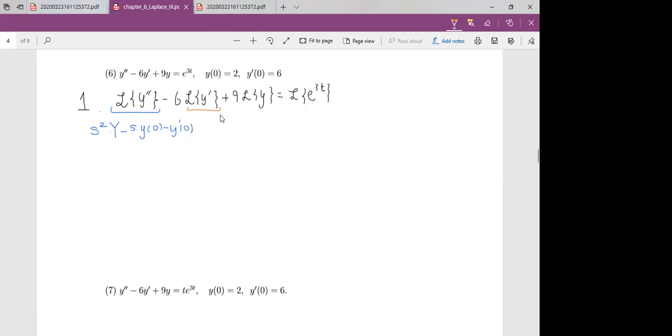transform of derivative is s times capital Y minus y of 0. And we need parentheses like that, plus 9 times capital Y. So this is our left-hand side, and our right-hand side is 1 over s minus 3 from the table.